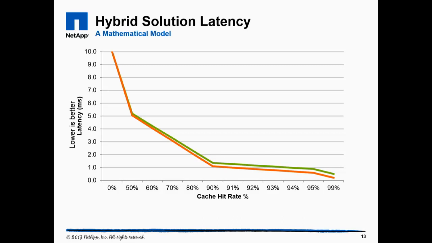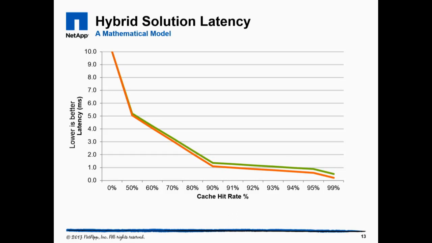So this average latency phenomenon occurs in any hybrid storage solution, and for most workloads, you're going to want to be at the 5 to 3 millisecond range, or maybe up to the 7 millisecond range with cache hit rates around 50 to 70%. Those types of solutions are going to work for almost any workload.